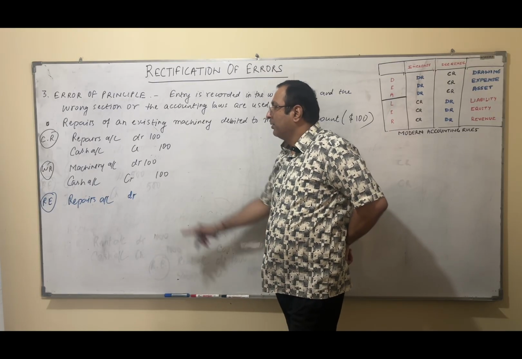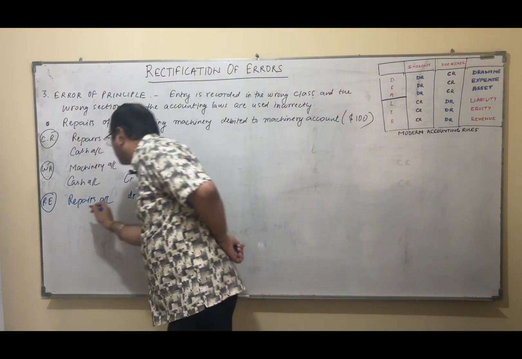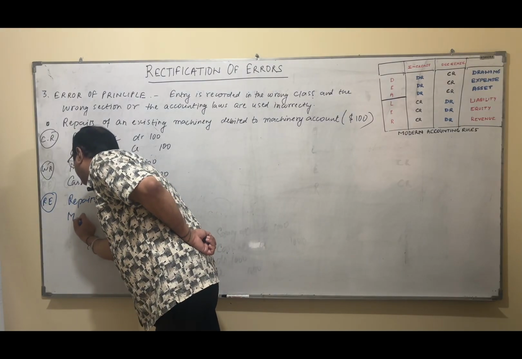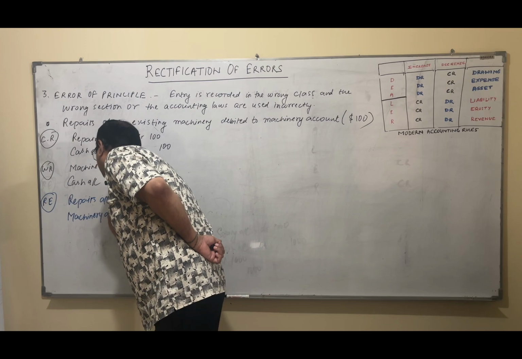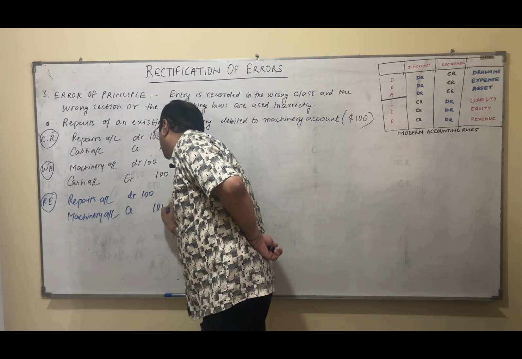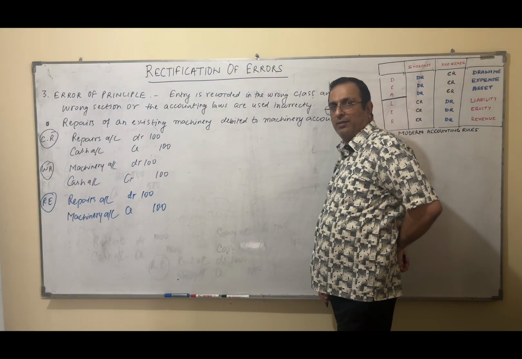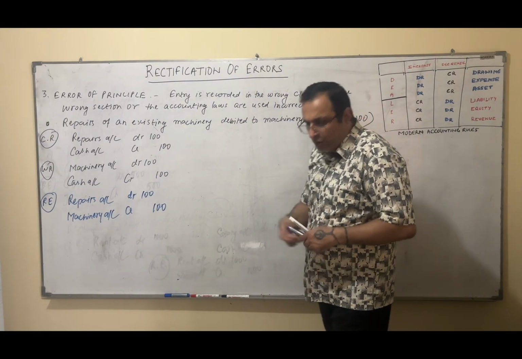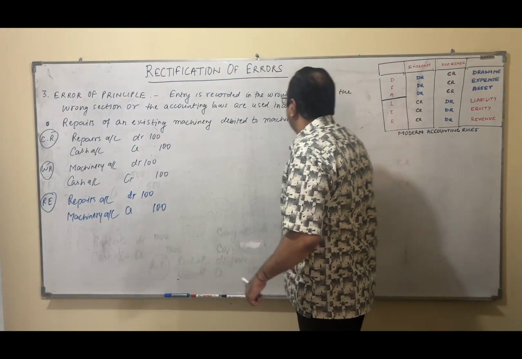To rectify this, we will record the same amount on the opposite side. So I will record machinery account in the credit side. This is how I will rectify the mistake. I hope it's clear, guys. Okay, let us take one more example so that you are more perfect.